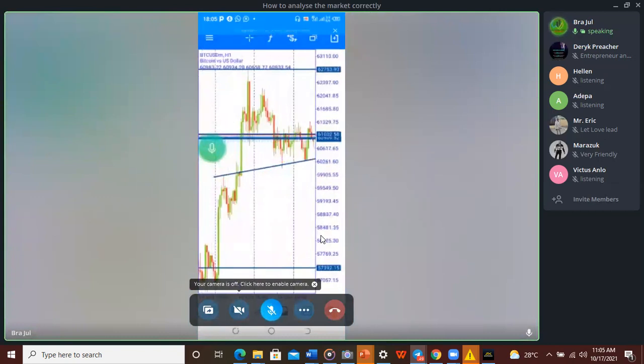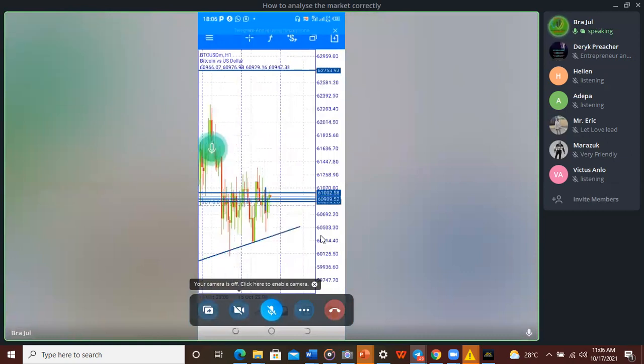When you are following the direction of the higher time frames, you are at a higher level of making correct entries.